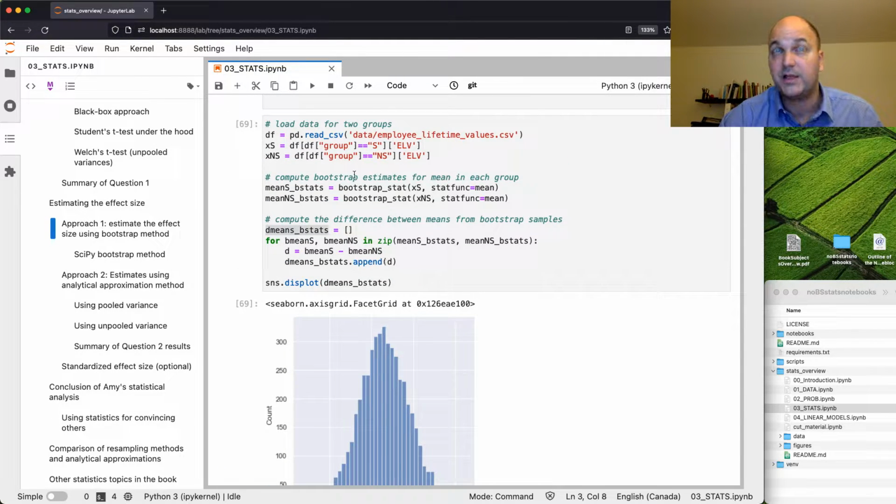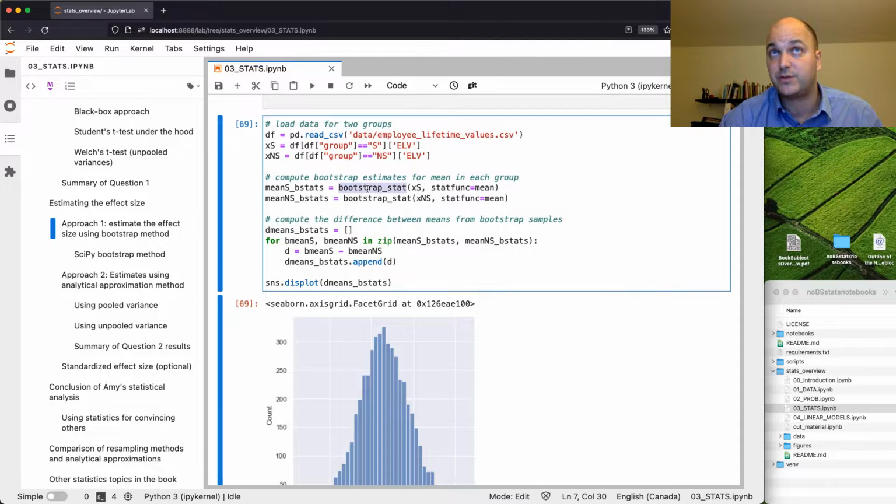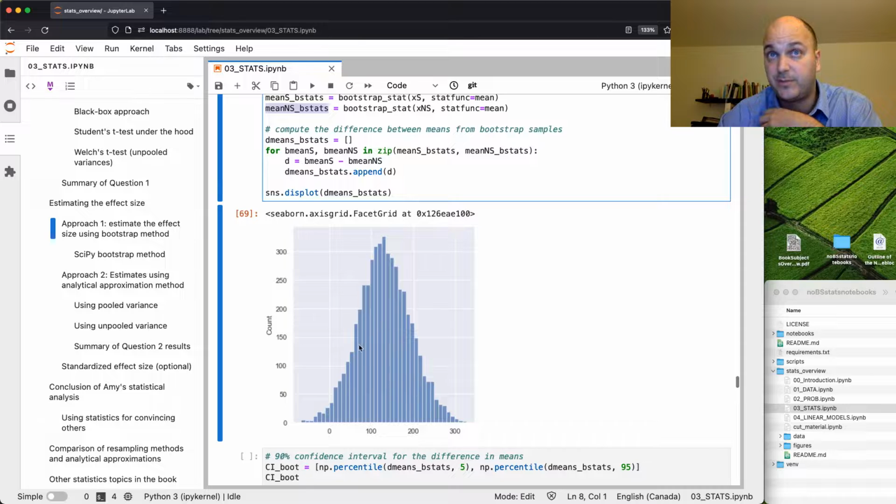How do we model it? Well, there's a very easy way with the Bootstrap. You just try different subsets of the sample, and some of them repeated. So this is what we obtained here. And by computing the difference between them, we get an estimate of the variability of the difference between group means. So that's what you're seeing here.